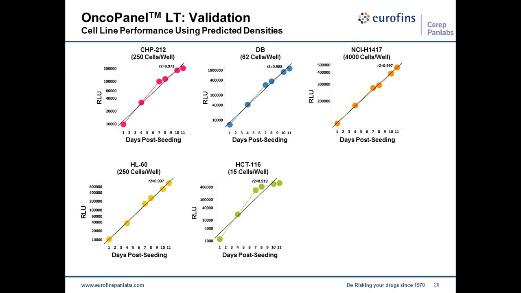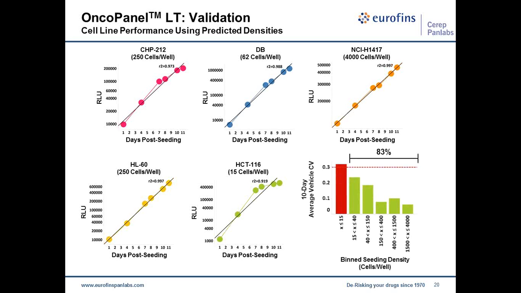What you can see here is that the growth, for the most part, is exponential for the cell lines tested. The exception perhaps being HCT116. Again, this was our fastest cell line, and the estimated seeding density was actually less than 15 cells per well. So you see logarithmic growth for about the first 7 or 8 days, and then a slowing in growth in the last couple days.